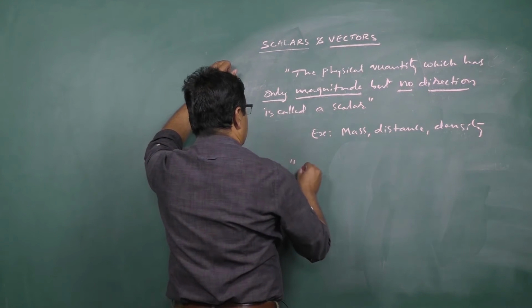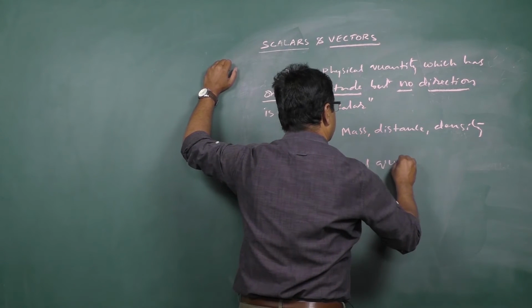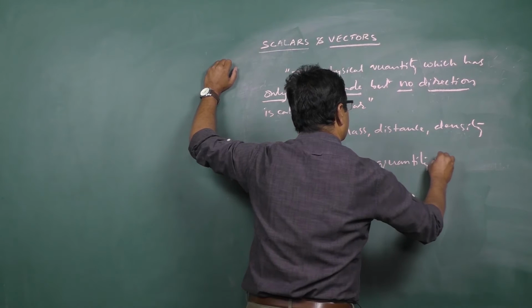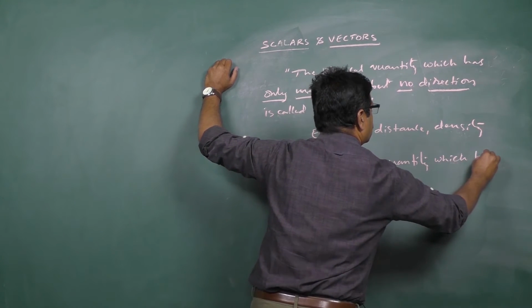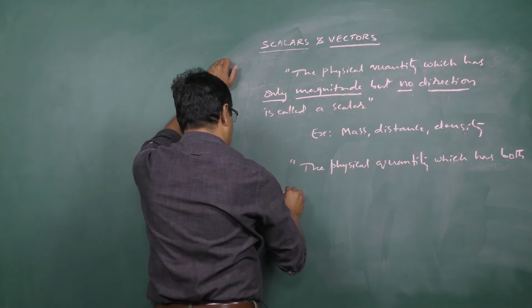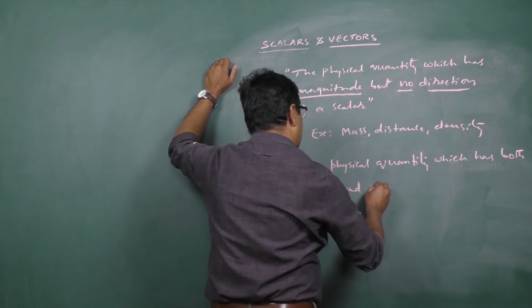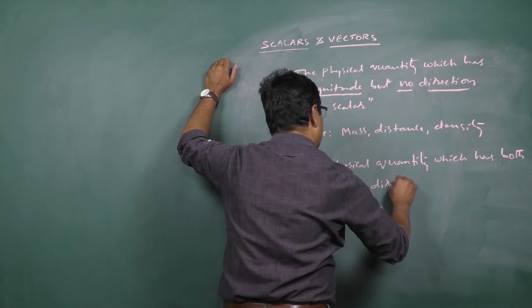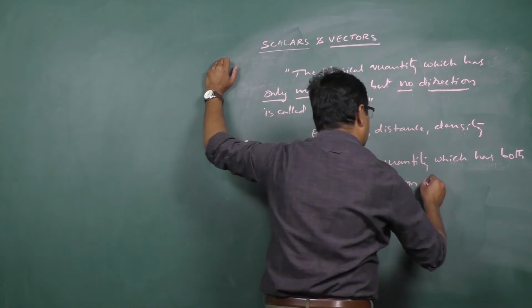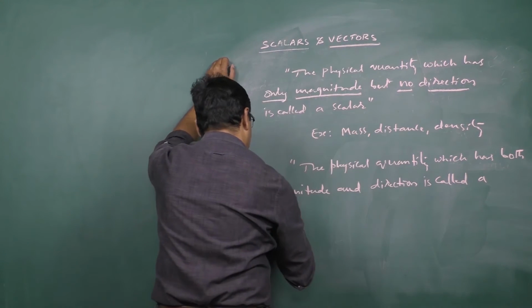Similarly, the physical quantity which has both magnitude and direction is called a vector.